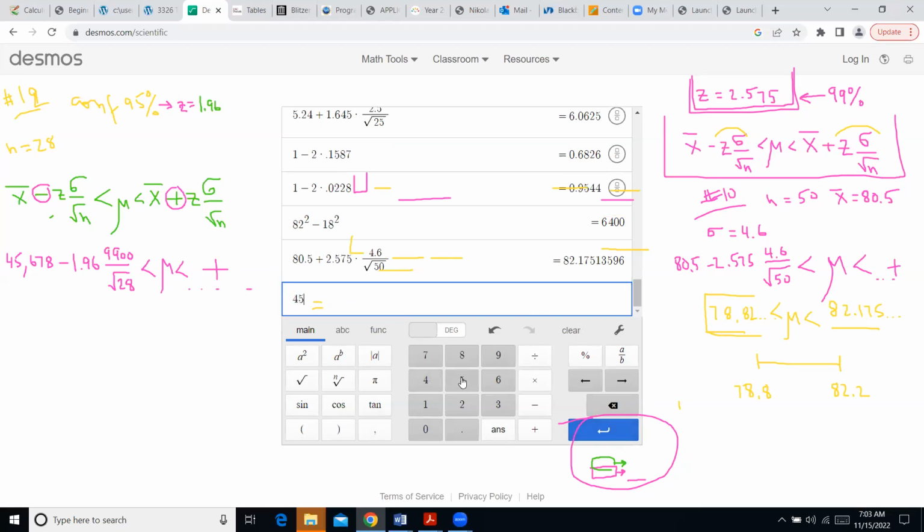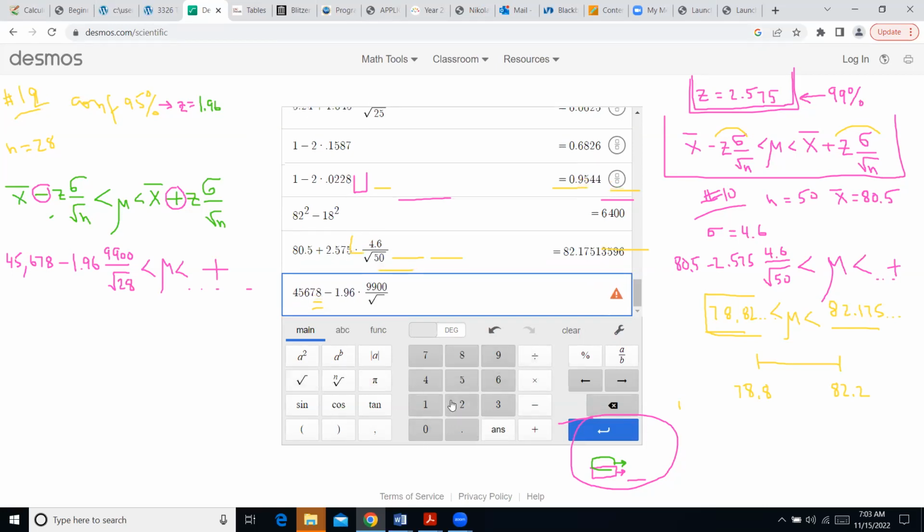Let me enter it. 45,678. So try to see if I get the right answer. Double check this with your calculator. So times this 9,900, which is divided by square root of 28, and there it is, 42,010.99.